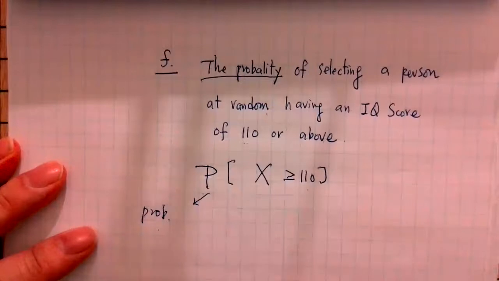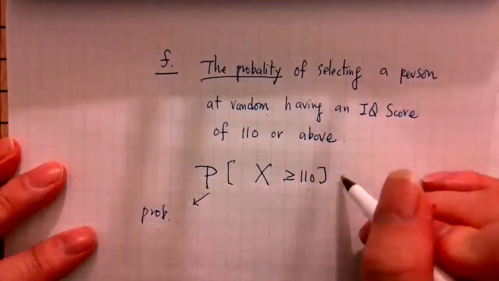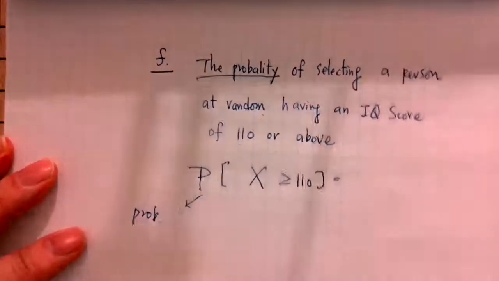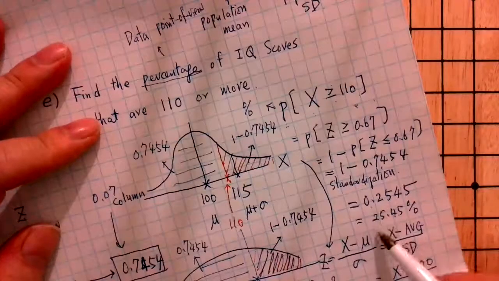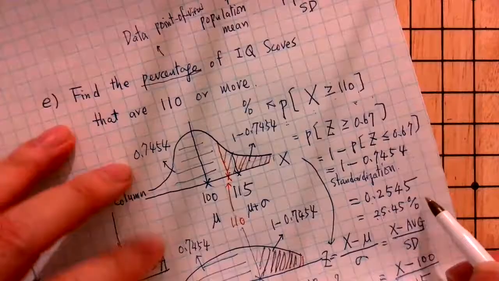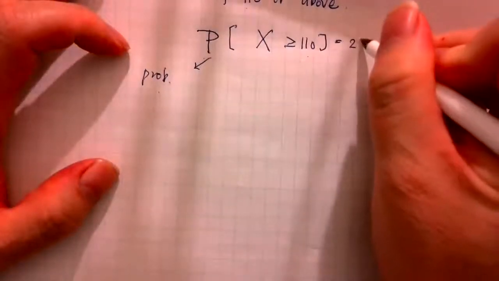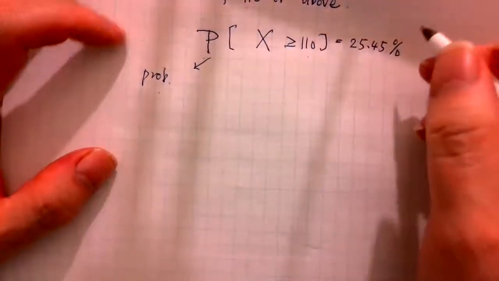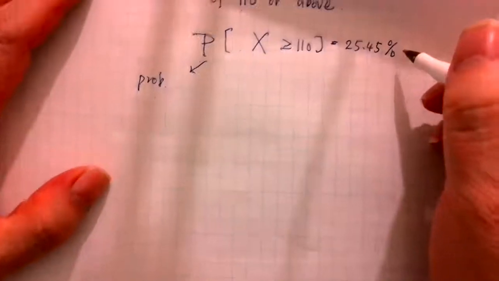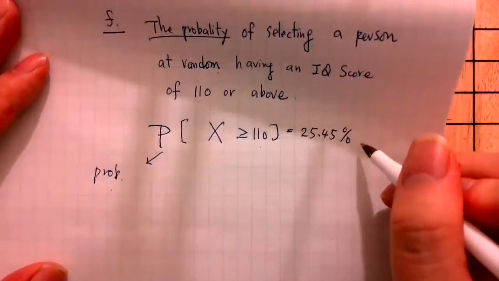That means if you follow the same steps as before, you're going to get the answer 25.45%. But when you write percent, that means percentage of observation.